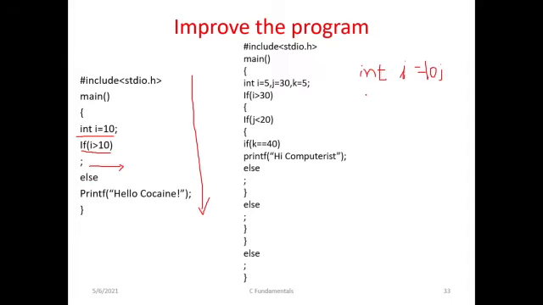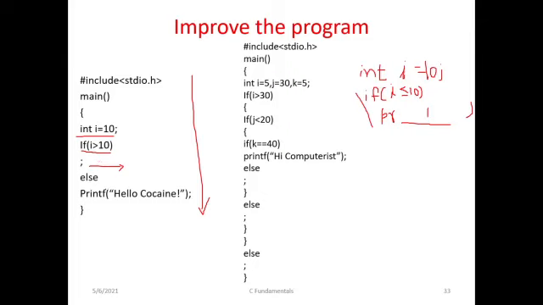Then what can be done is, only the else part needs to be printed. Instead of that, what I am doing is taking this in the if part by just changing the logical operator. If i less than or equal to 10, then printf hello, right? That's it. Correct or not?